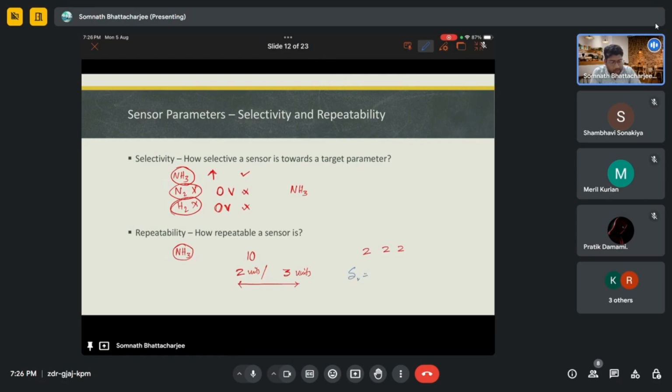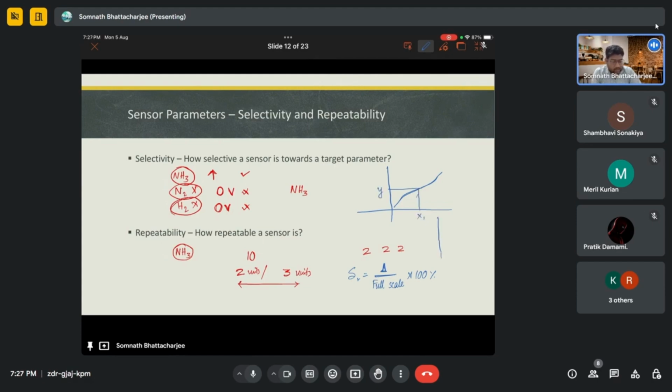The value of repeatability is characterized as the change in del divided by the full scale value, into 100%. And what is del? Del is the change in the value. For the first case we are measuring and getting a characteristic like this: for a value of x1, we get a value of y.